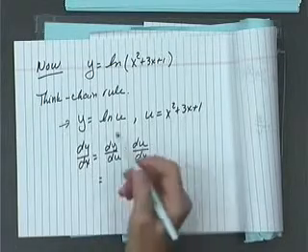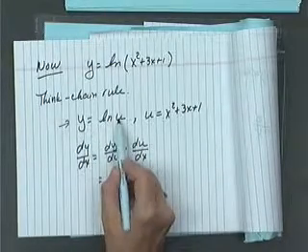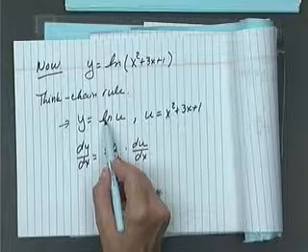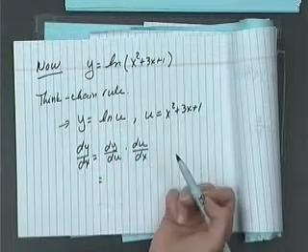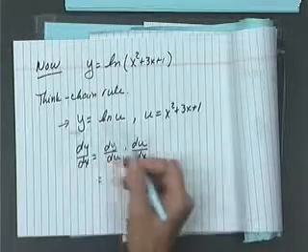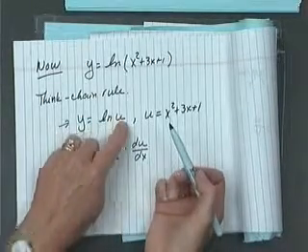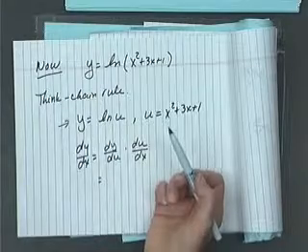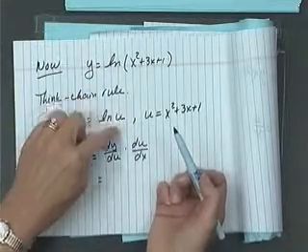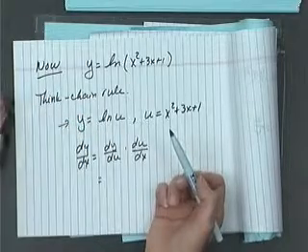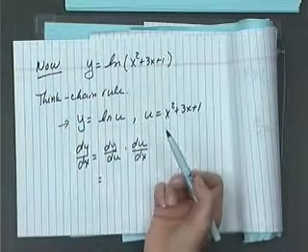So if y is a function of u, what is the derivative of natural log u? 1 over u, right? If it were y equals natural log x, the derivative of y with respect to x would be 1 over x, but y is a function of u here. So the derivative of natural log u is just 1 over u.